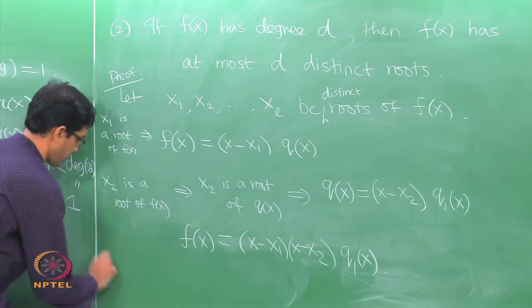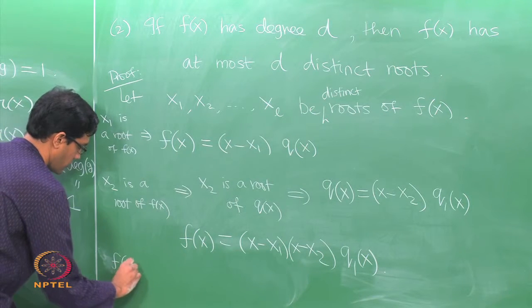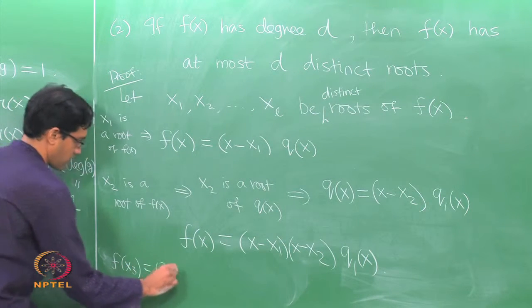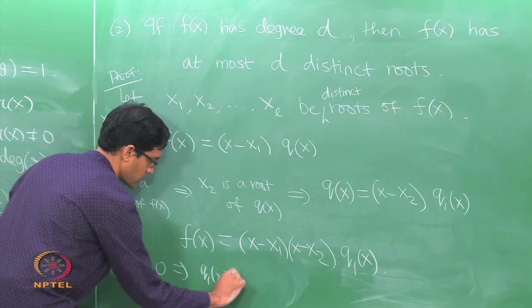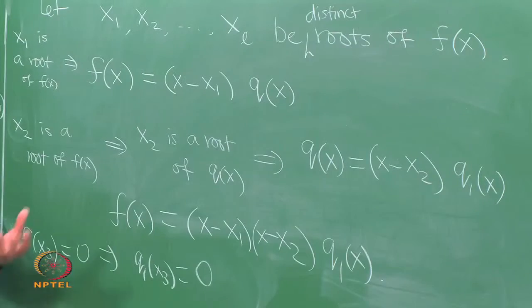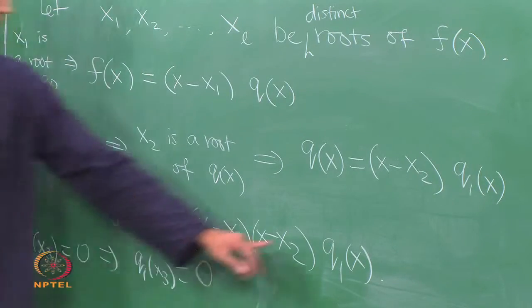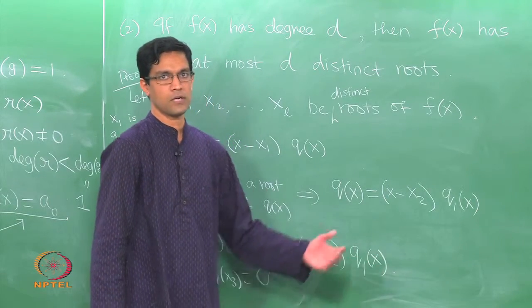So again we conclude the same thing, x3 being a root of f, so f of x3 is 0, therefore this quotient q1 must have x3 as a root. So again you do the same thing, therefore x minus x3 must appear in q1, you can write it as x minus x3 times something, let us call it q2, and now you keep proceeding.